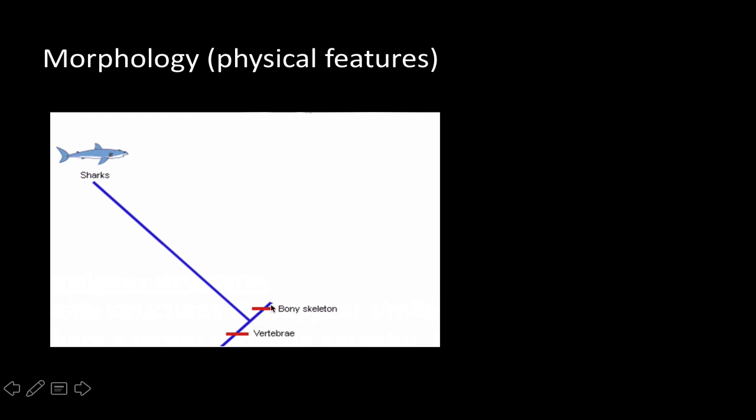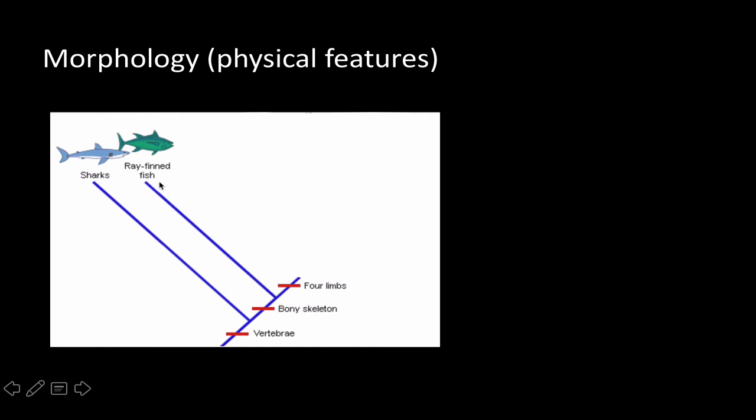As the other group continues on and continues to evolve, at some point they evolve a bony skeleton. Now, because they have that bony skeleton, at this point on, everything past that you would assume is also going to have a bony skeleton because everything's going to evolve from this ancestor. So here, this ancestor with a vertebrae and a bony skeleton continues on, and then a speciation event happens here, branches into two different species.